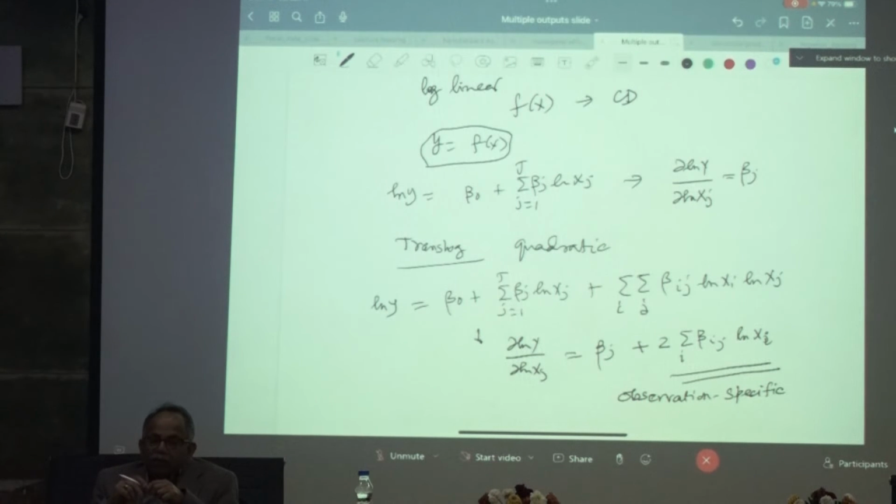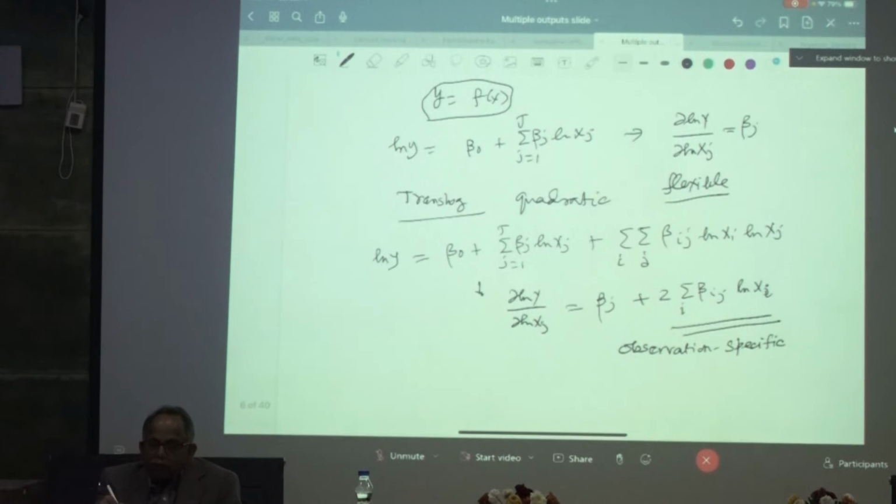So that's the reason why we tend to use more flexible functions. So we just said this is more flexible, and then you can see that this will reduce to a Cobb-Douglas if beta ij is equal to 0 for all i and j, right?